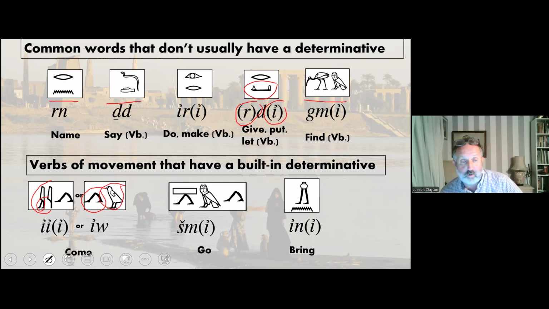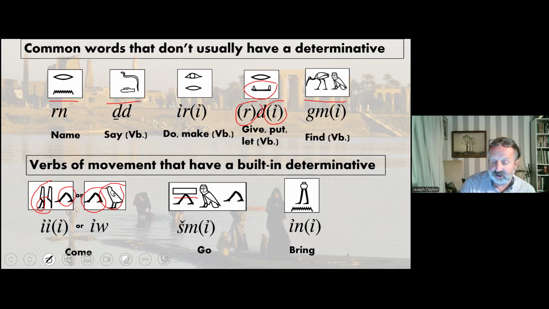Otherwise the legs are always a determinative, or always part of the thing. You'll notice in this first one that it's got legs on the EE sign and at the end as well. That's virtually always the case. So EE means to come, as in motion towards the speaker. Shemi means to go, as in motion away from the speaker.